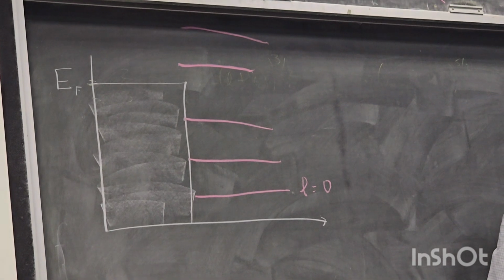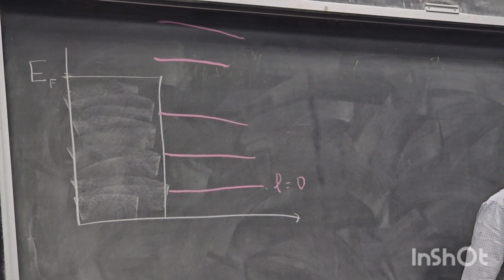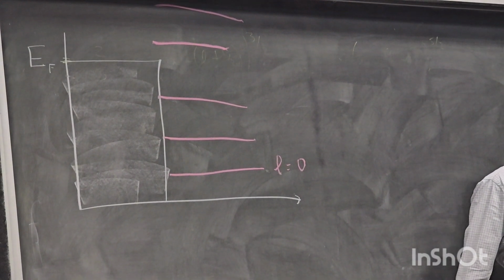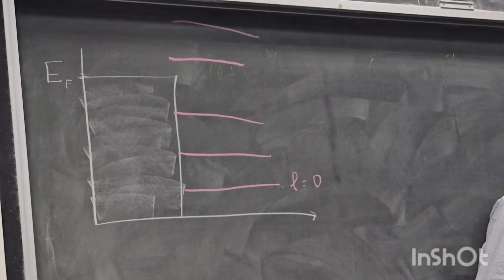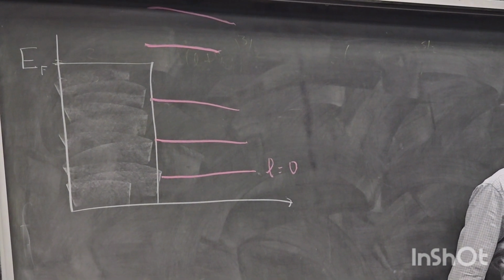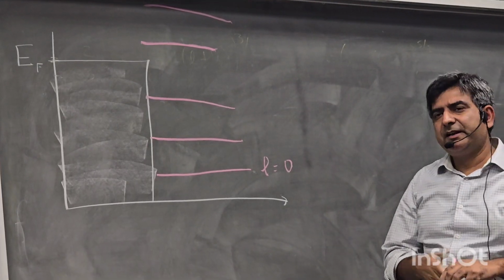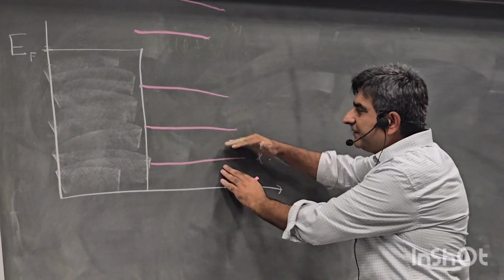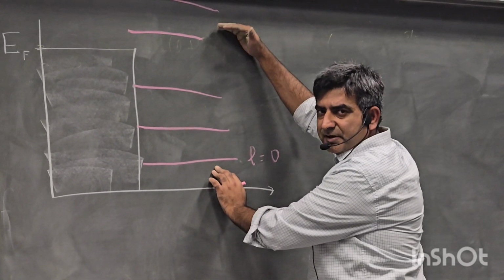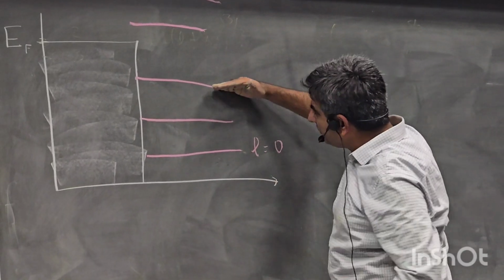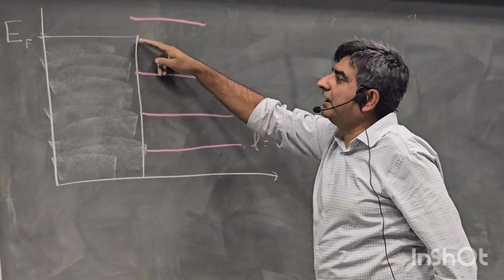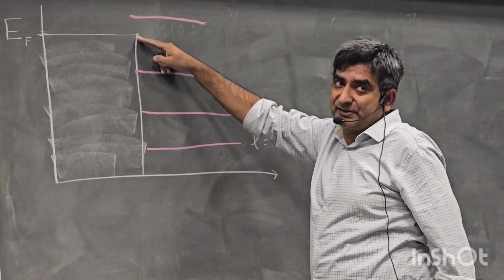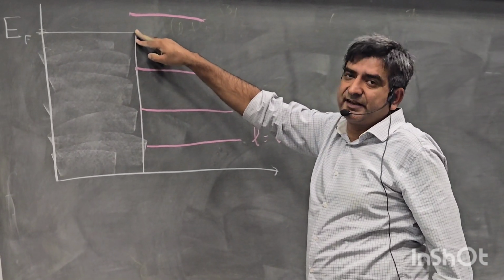So if this were the case, for the time being, we assume that when you apply a magnetic field, EF does not change too much. The change is small. Now, when you apply a magnetic field, these levels get spaced further apart. So when one of these levels crosses this Fermi energy, it should really be the Fermi energy in the presence of a magnetic field, but let's assume that delta x is really small.